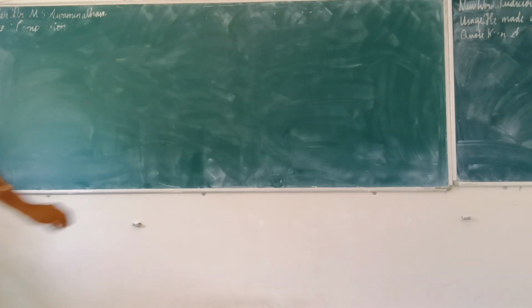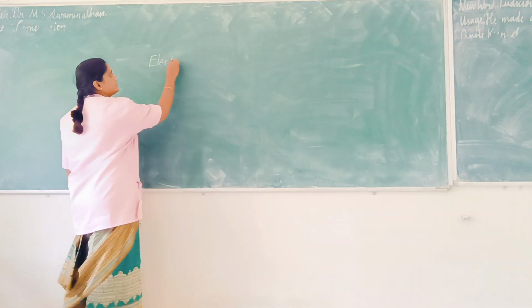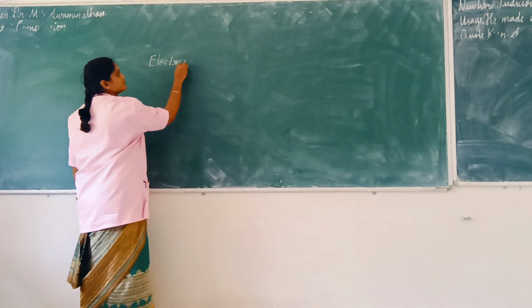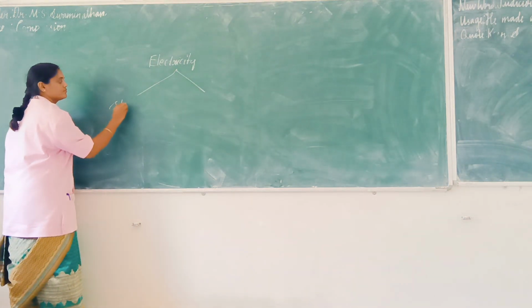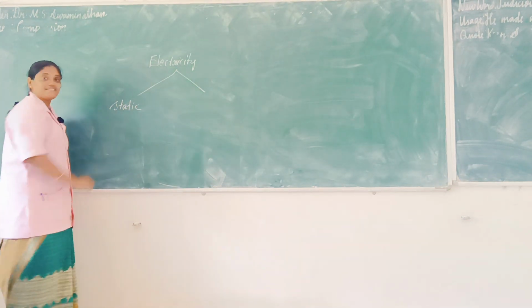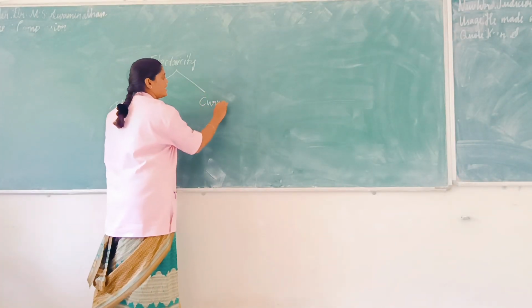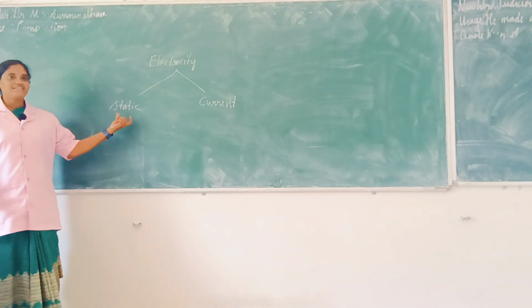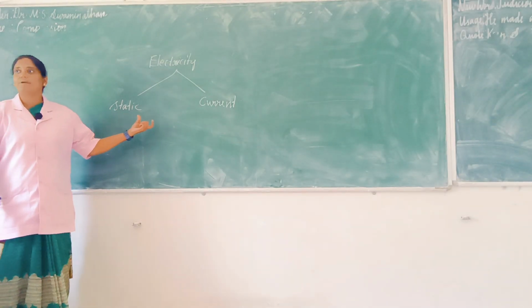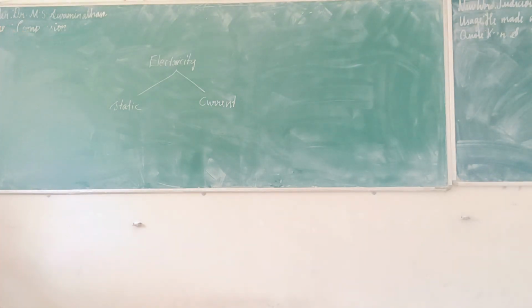Okay, fine. So this electricity is broadly divided into static electricity as well as current electricity, isn't it? So now the static electricity is the branch of physics that deals with the study of electrons which are at rest.